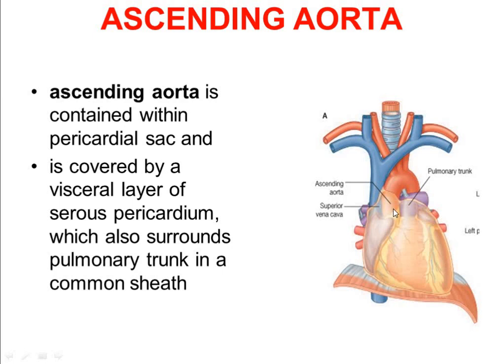Parietal was attached to the inner aspect of the fibrous pericardium, and the visceral layer of serous pericardium was intimately associated with the substance of the heart and the roots of great vessels, that includes the pulmonary trunk and ascending aorta. So there is a common sheath of this visceral layer of serous pericardium which is covering the aorta emerging from the left ventricle.